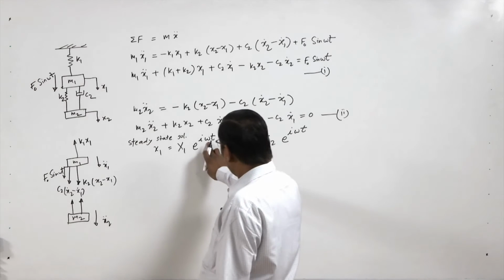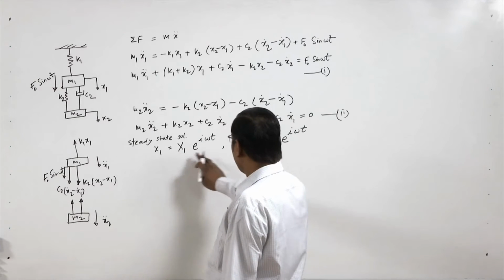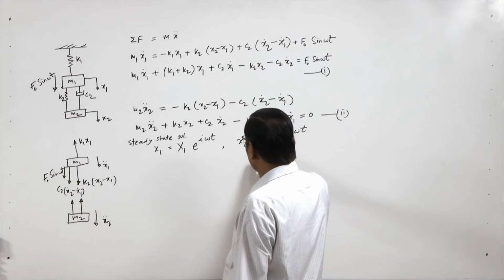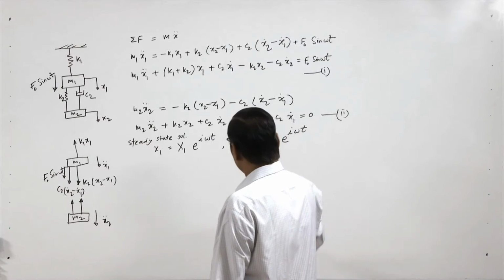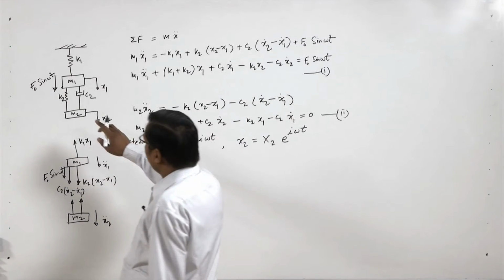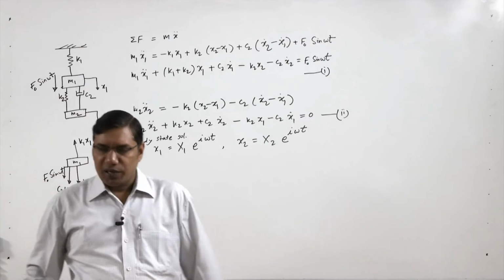Because here the frequency is omega and the amplitude is X1, and for x2 the amplitude is capital X2 and the frequency is the same omega, because they are in steady state, so they will vibrate with the same frequency as the applied force.